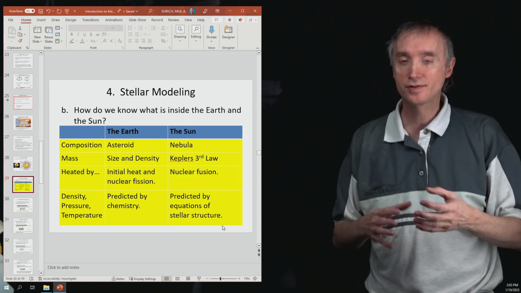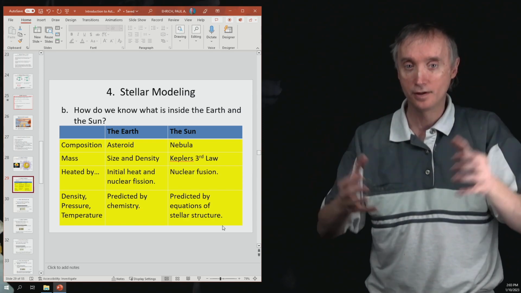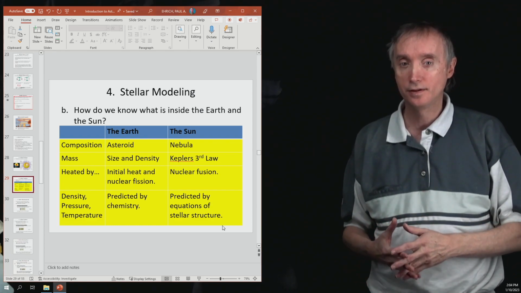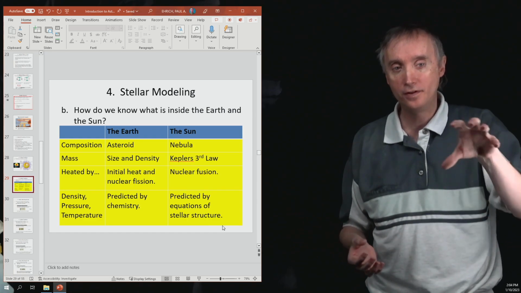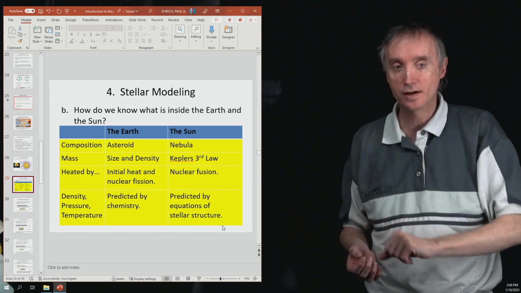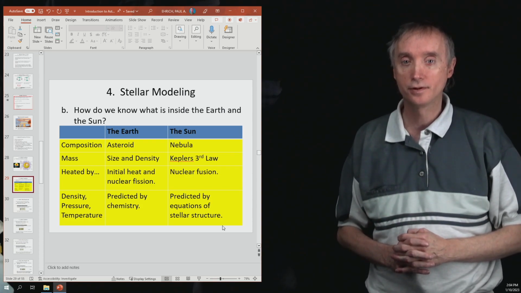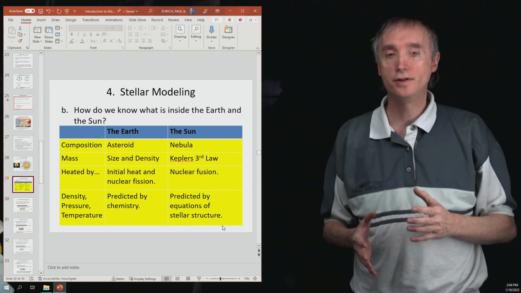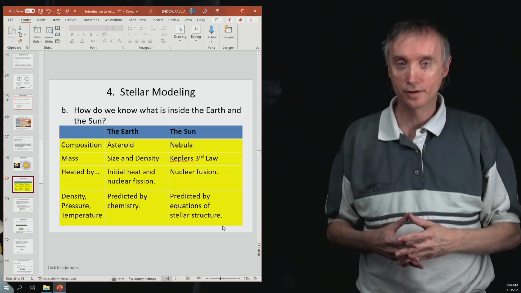And we say that we know all the different parts of the inside of the Earth, and we know what they're made of, we know what state they're in. How? So we've never physically touched the inside of the Earth, but yet we think we know what goes on inside the Earth. So how do we do it? So this isn't going to be on the Unit 3 exam, but it's worthwhile going over this.